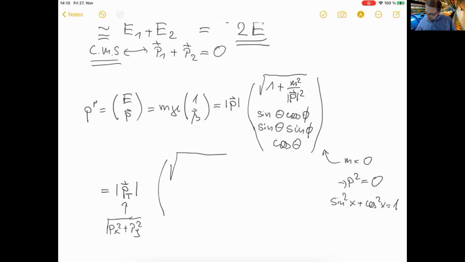So here I write cosine hyperbolicus squared of eta plus m squared over pt squared. And then I write cosine phi, I write sine phi, and I write sine hyperbolicus.